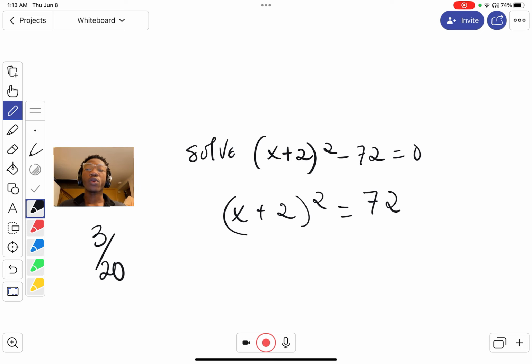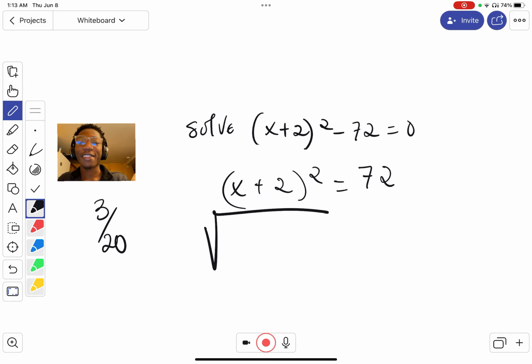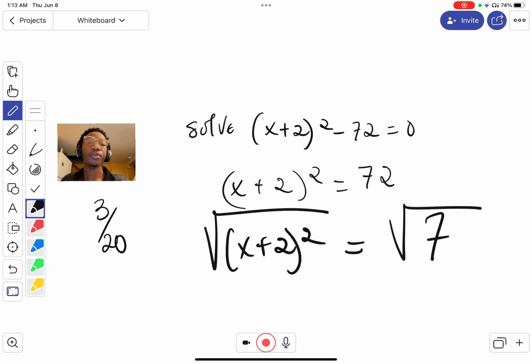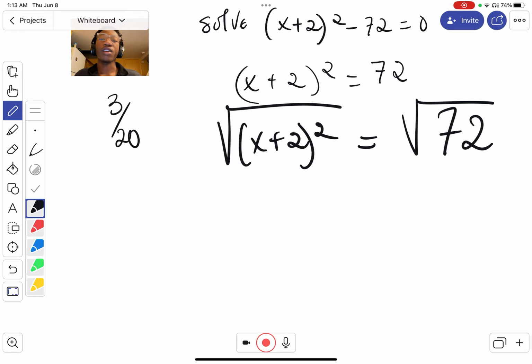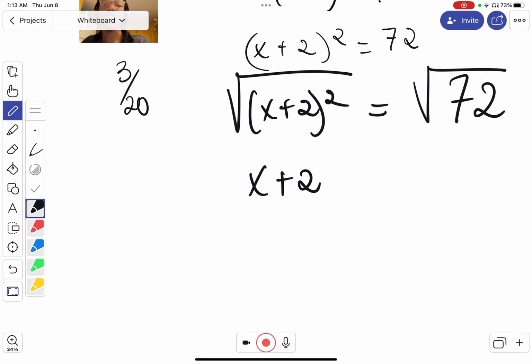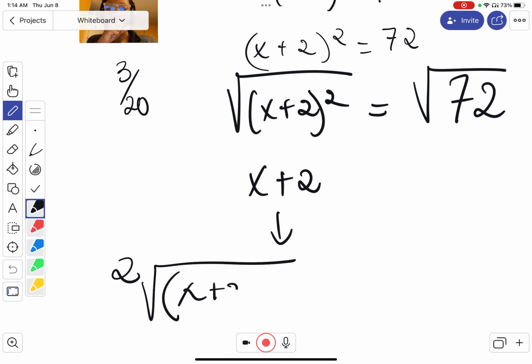So right now we're going to get the square root of both sides. The first term will be the square root of (x + 2)², equal to the square root of 72. The square root of (x + 2)² will be equal to x + 2, because there is a 2 as the index, although you don't see it on the square root, and they get cancelled out.